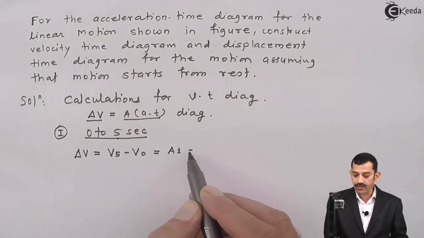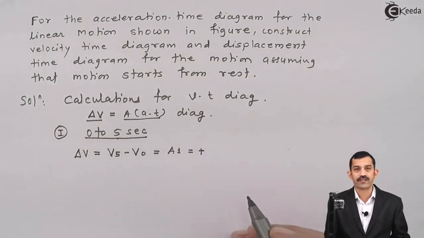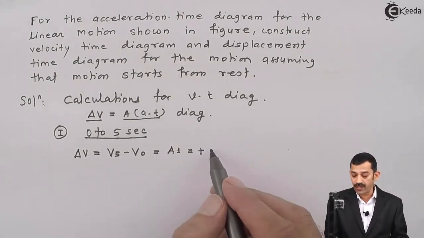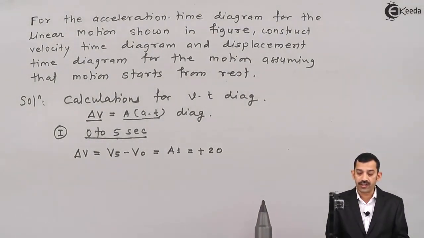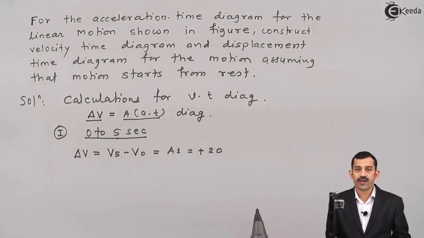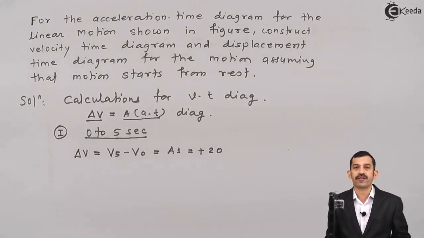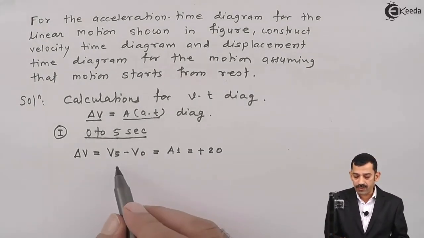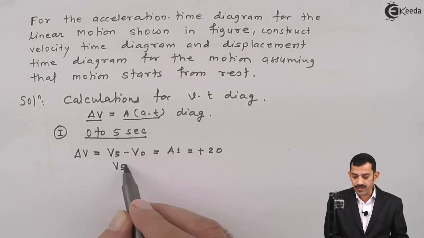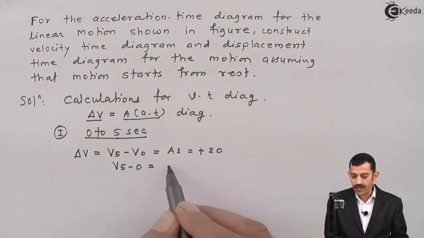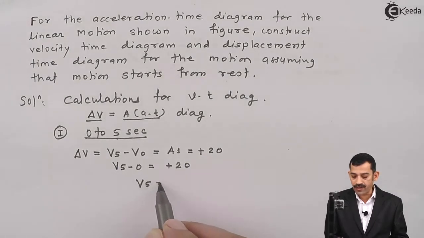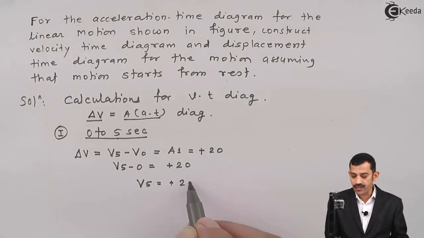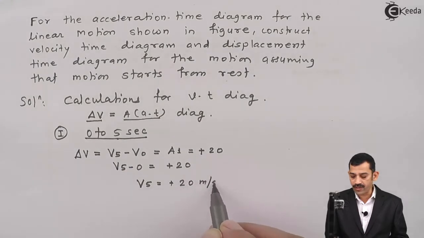A1 is a triangle above the t-axis, therefore with positive sign, and the area is 20. If nothing is mentioned about initial velocity in a problem, the particle starts from rest. Here the initial velocity is not mentioned, that means initial velocity is 0, and we get plus 20. That means the velocity at 5 seconds is equal to plus 20 meters per second.